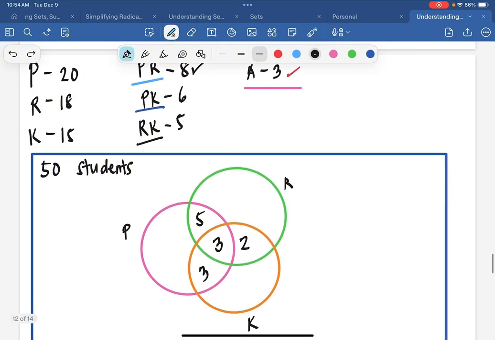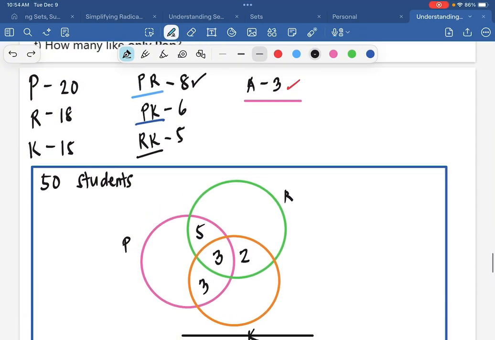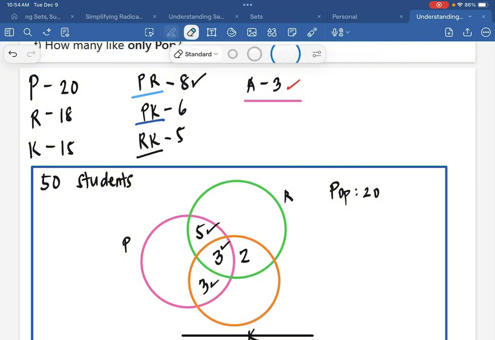Now, let's have here for pop alone. For pop is 20. Now, subtract 20 with 5, with 3, and 3. Now, why is it? Because as you can see here, diba, the 5, 3, and 3 are part of this circle. So subtract it by 5, 3, and 3.